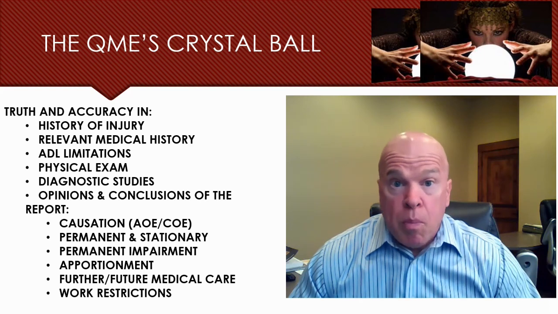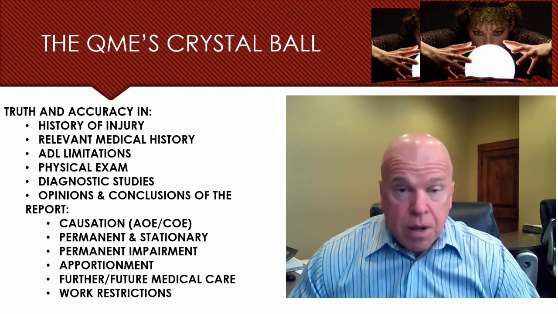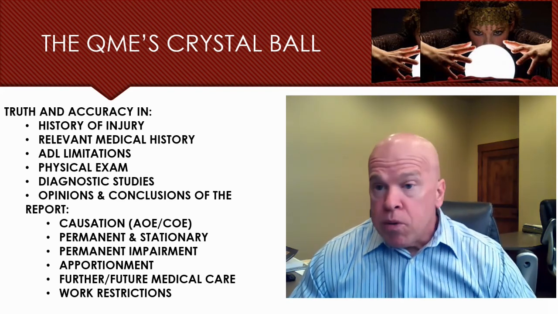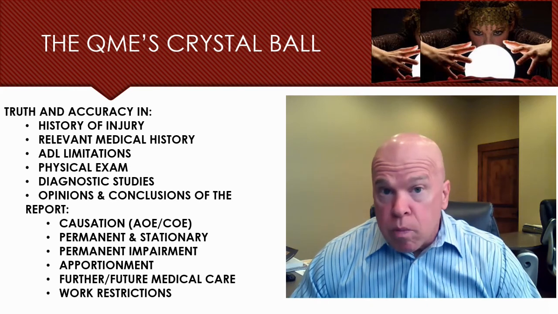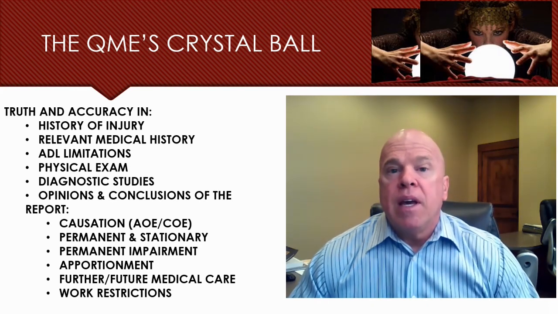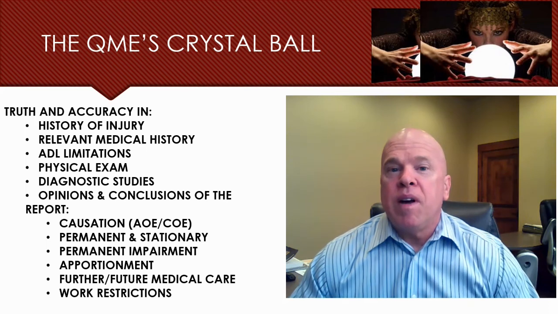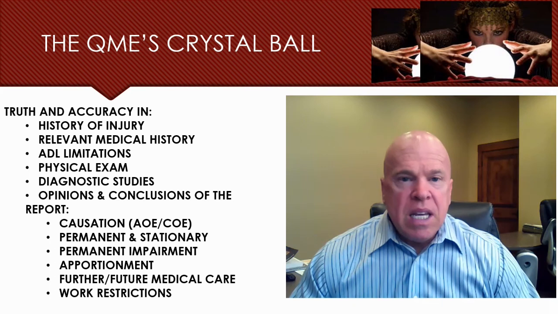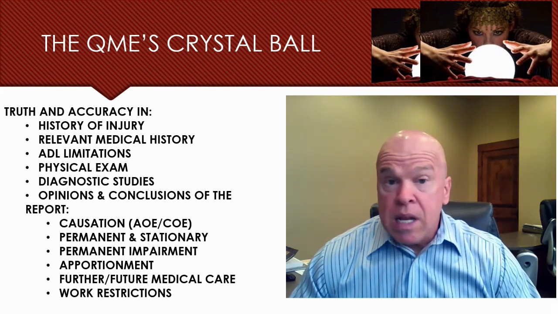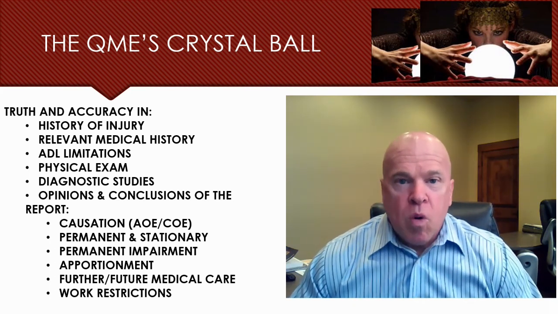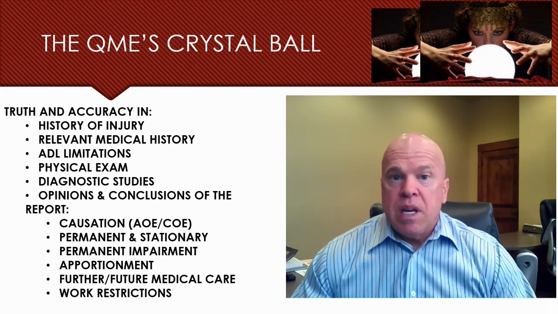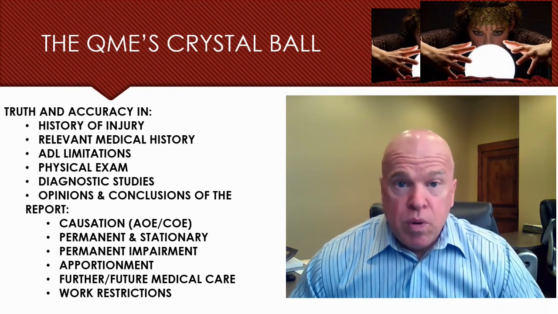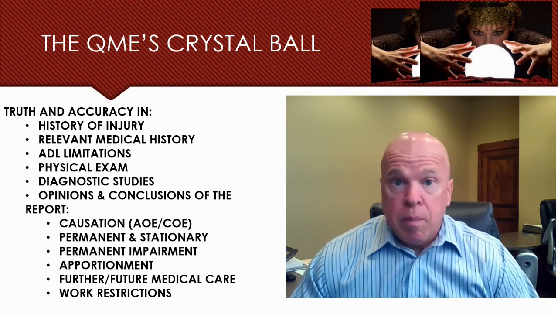And in all fairness to all parties, it's critical that we obtain an accurate, relevant medical history so that we can provide accurate opinions and conclusions both on permanent impairment and also on apportionment of the permanent impairment. And actually, according to law, we as qualified medical evaluators have an opposite incentive to that of the examinee, in that the law provides tremendous incentive for us as qualified medical evaluators to be extremely thorough and extremely investigative in pursuing the examinee's prior relevant medical history.